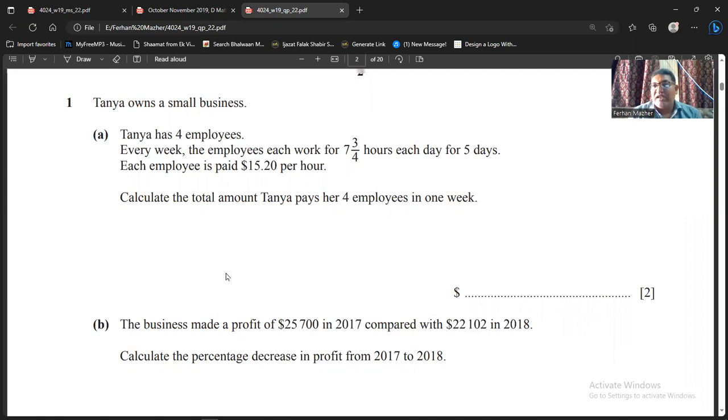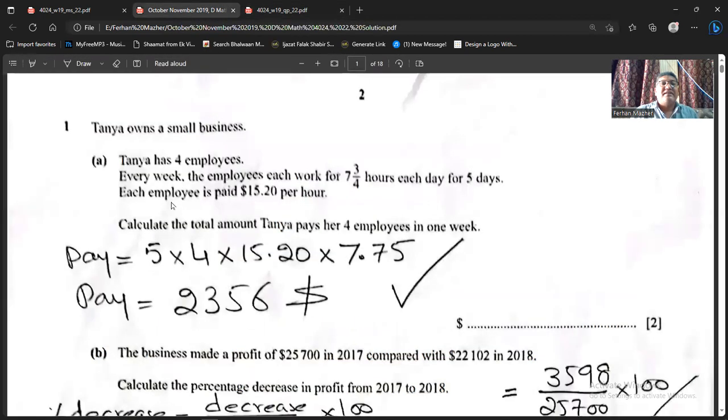Okay, so she has four employees. In 1 day, each one works for 7 and 3/4 hours, and they work 5 days in a week. The salary is $15.20 per hour. So multiply all these, you will get the total payment. The method is simple.